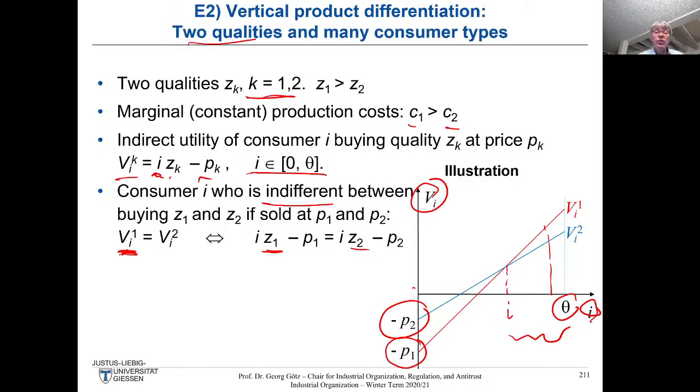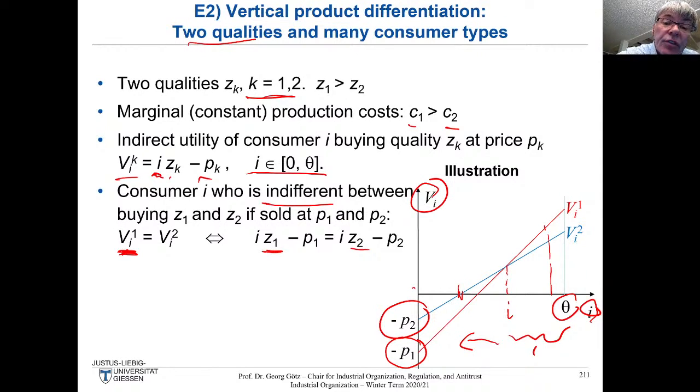So all these consumers will buy product 1. And of course, the consumers to the left have a lower utility from product 1. They will buy product 2, but only if their indirect utility is larger than 0.